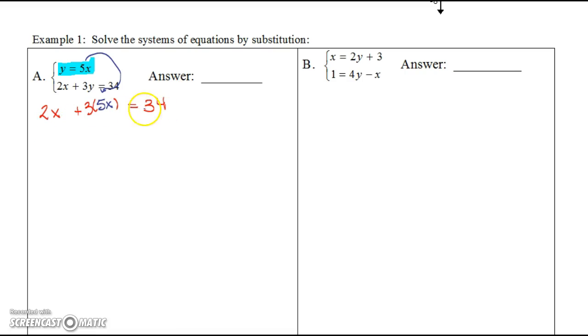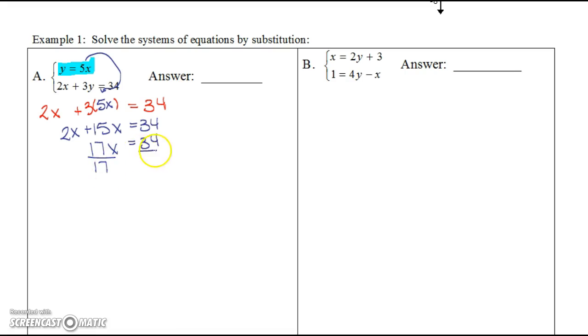This is a single equation with one variable. I'm going to simplify my left-hand side. 2x plus 15x equals 34. 17x equals 34.